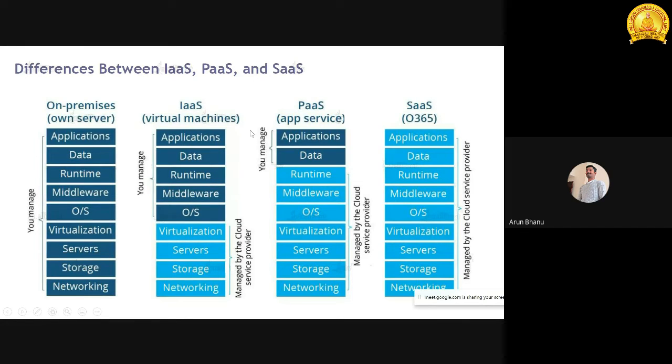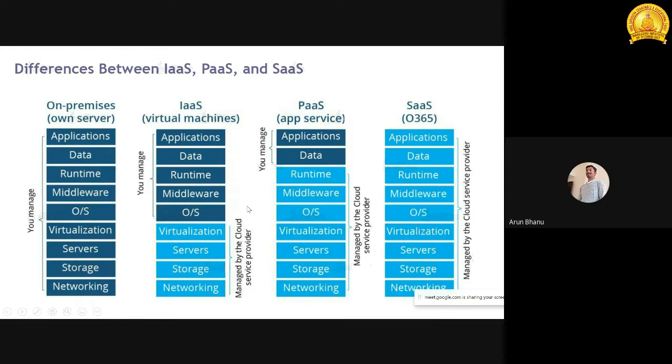For Microsoft, the hypervisor is Hyper-V, and in VMware it is vCenter. So IaaS is virtual machines, and from the operating system up, with applications, data, runtime, and middleware, you have to manage these things. But you don't worry about networking, storage, servers, and virtualization. Everything is handled by the service provider.